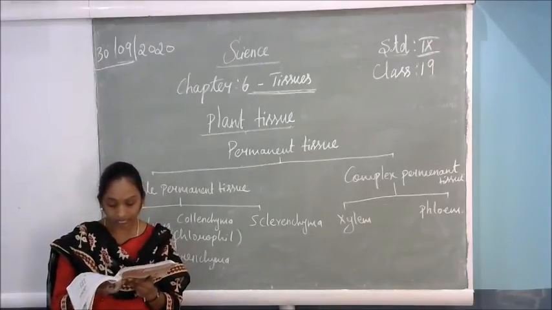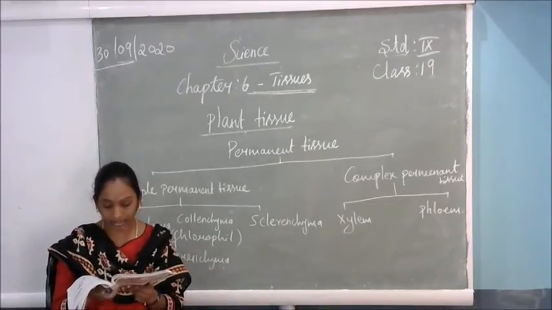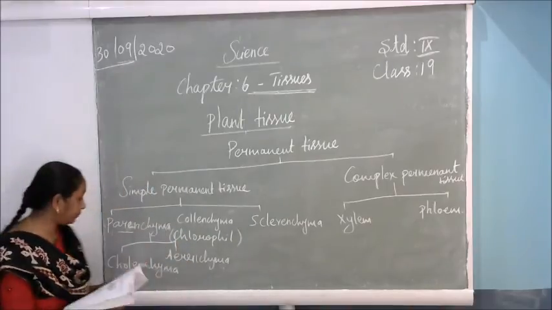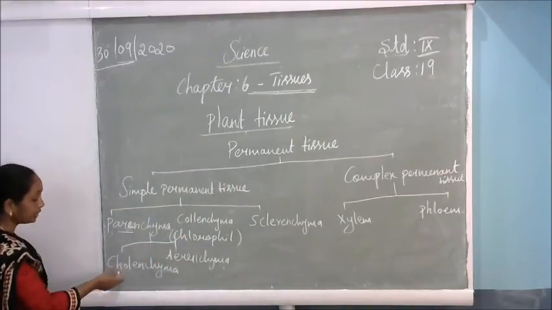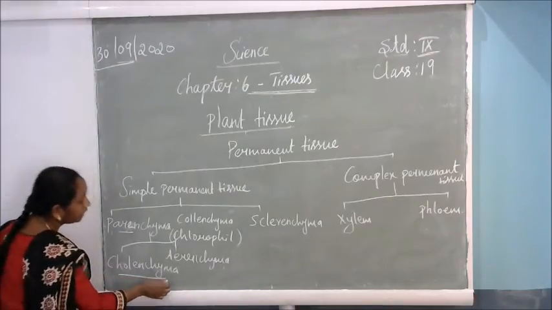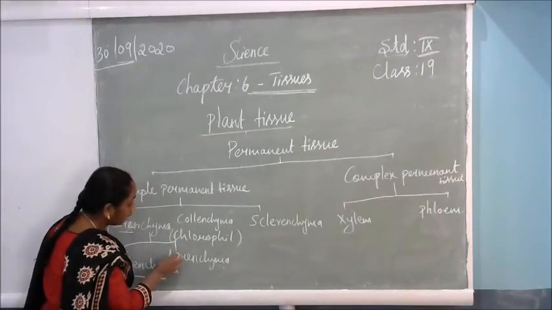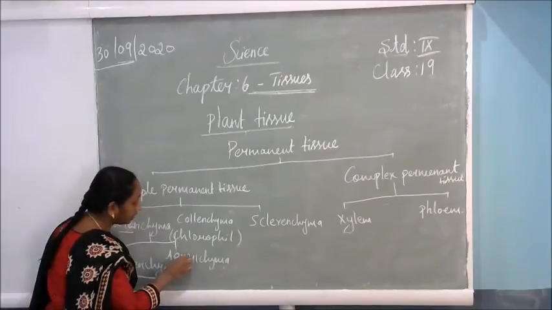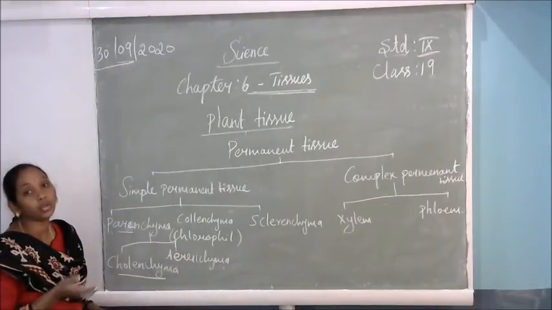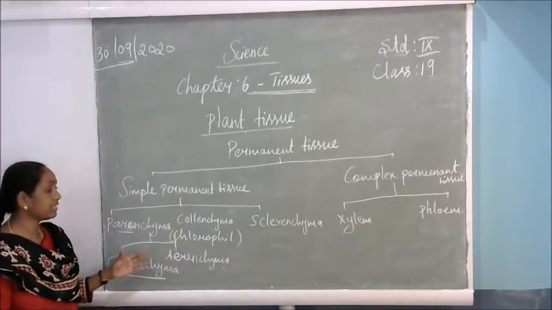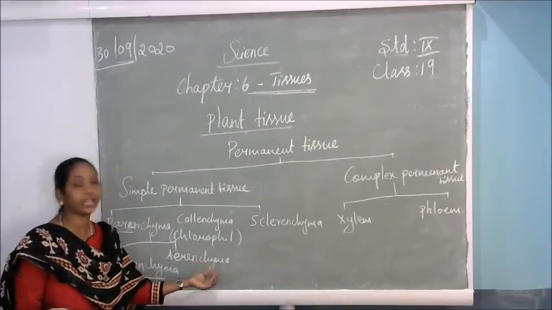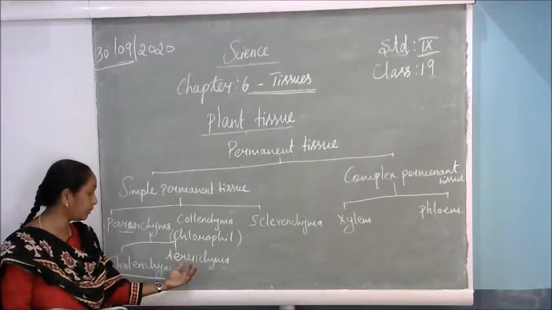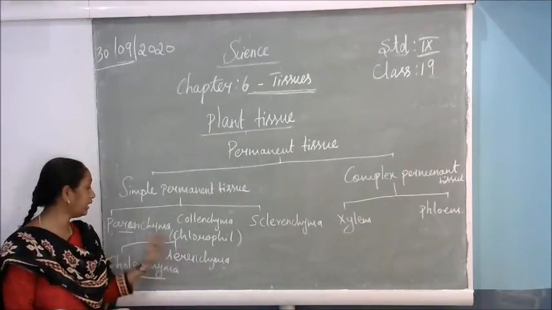Such a parenchyma type is called aerenchyma. Where the chlorophyll is present and it can do photosynthesis, that is chlorenchyma. And where the air cavities are present, that plant can float on the water. You can see how aquatic plants float on the water: because of the air cavities in the parenchyma.